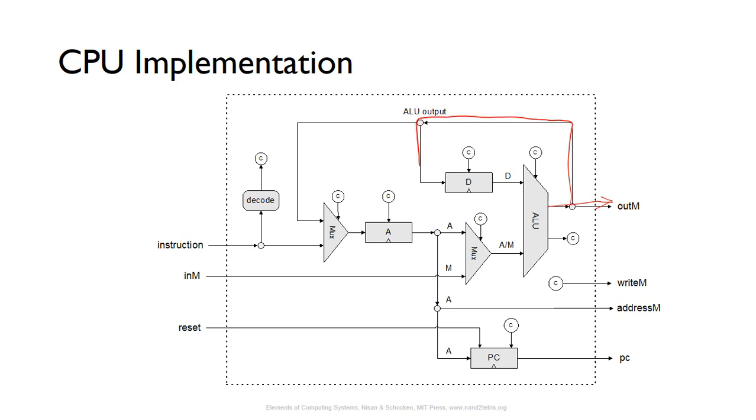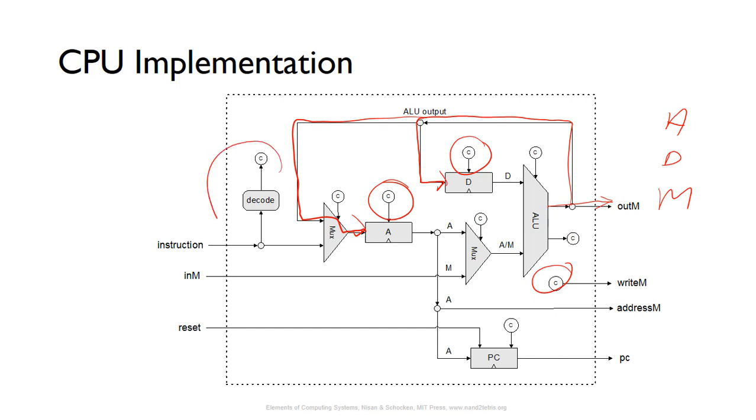It also goes back into the D register, and then via this multiplexer it can end up going into A as well. So the ALU output is hardwired into M, D and A. Depending on the destination bits, we know whether we want to write to memory, the D register or the A register. And you can design the other bits as well by looking at the instruction, seeing what each of the bits mean, and using them to implement all these control bits here.